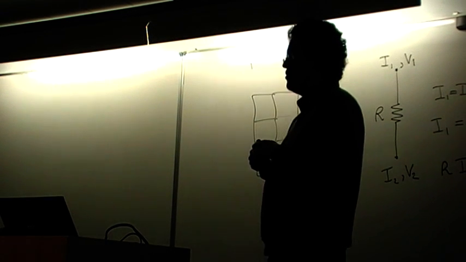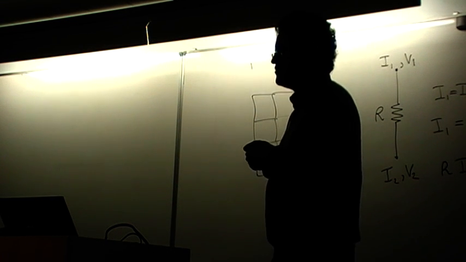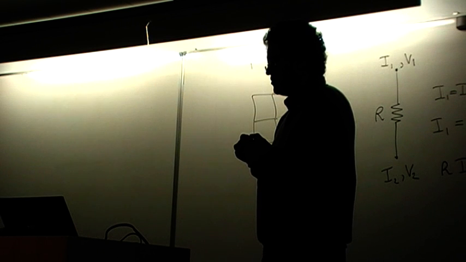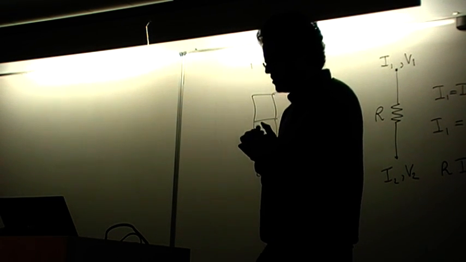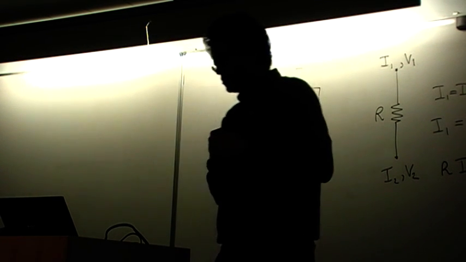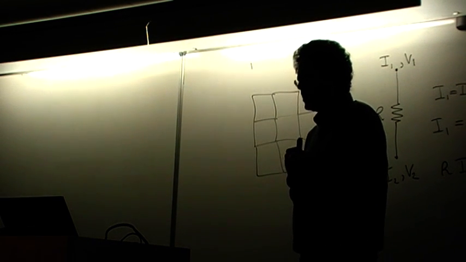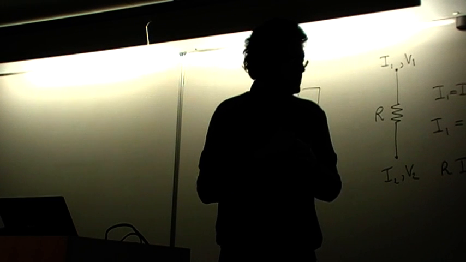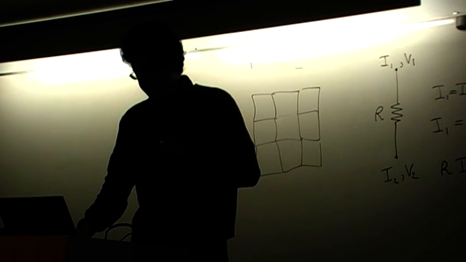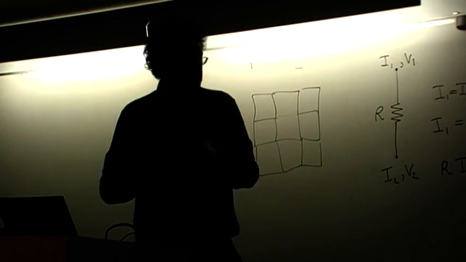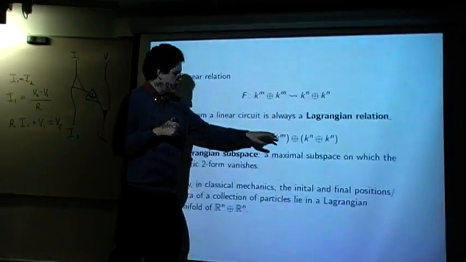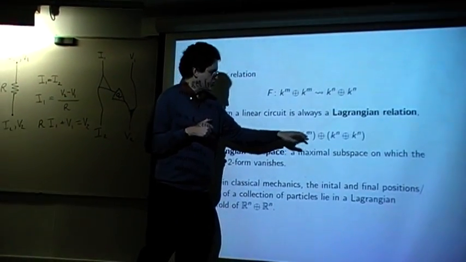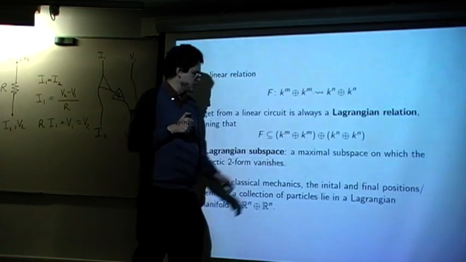I don't know of that. As far as I know, there should be a lot of nonlinear components that would still pick out, if you had a nonlinear component, some subset of the space of currents and voltages on all your terminals.